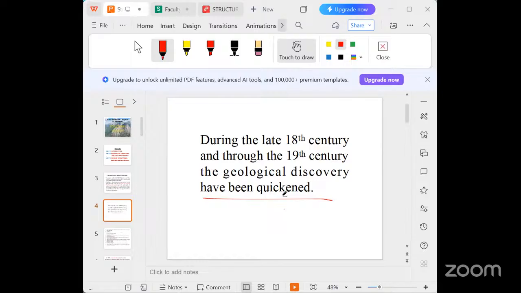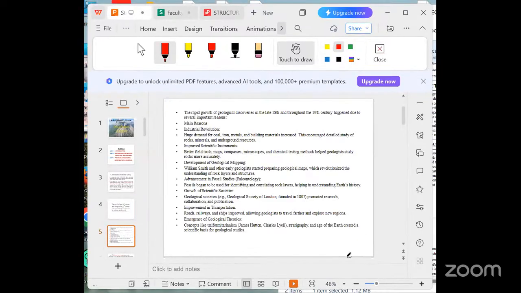The rapid growth happened due to several important reasons. What are the reasons why it quickened?